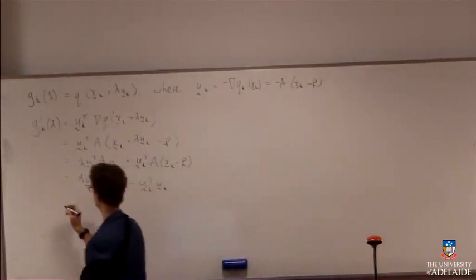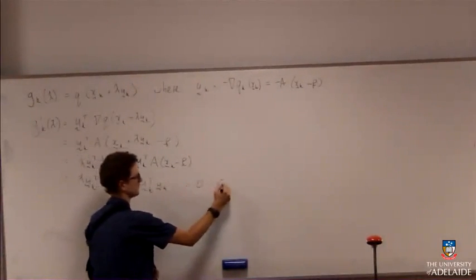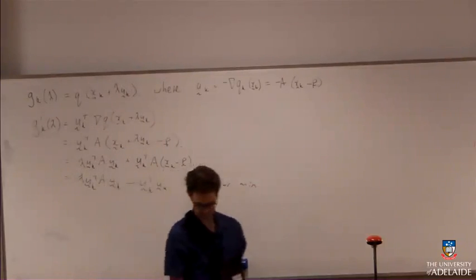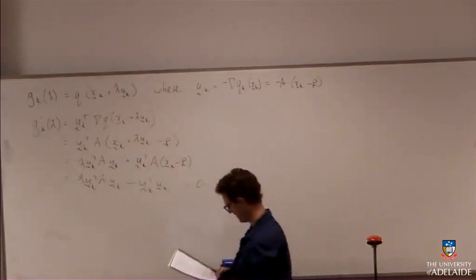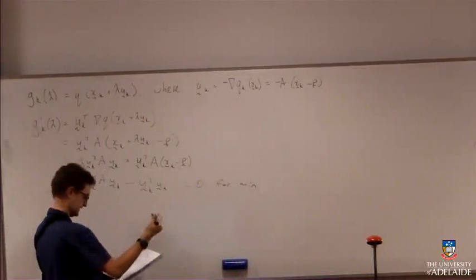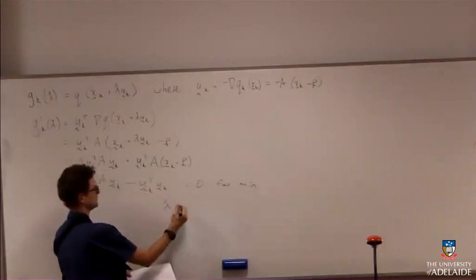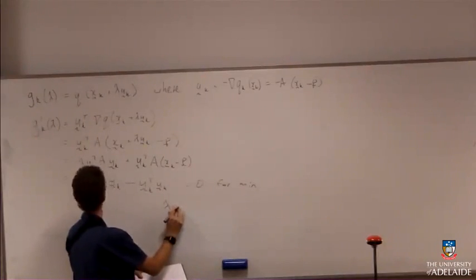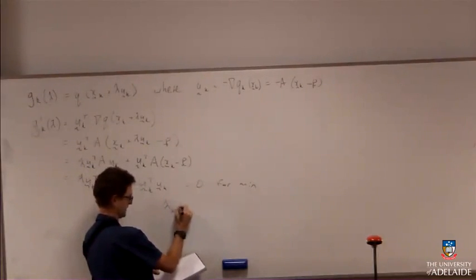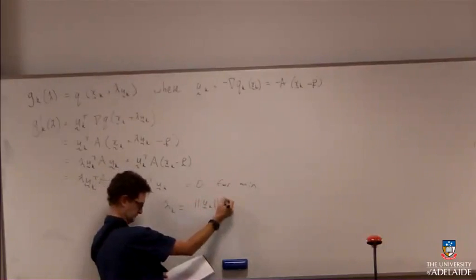I want this to be equal to 0, for the minimizer. And then I want to figure out what lambda makes that happen. I want to solve this equation for lambda, and that's pretty easy to do. I'm just going to pull this over to the other side. So lambda is going to be equal to, let's call it lambda k, because it's going to depend on what k is.